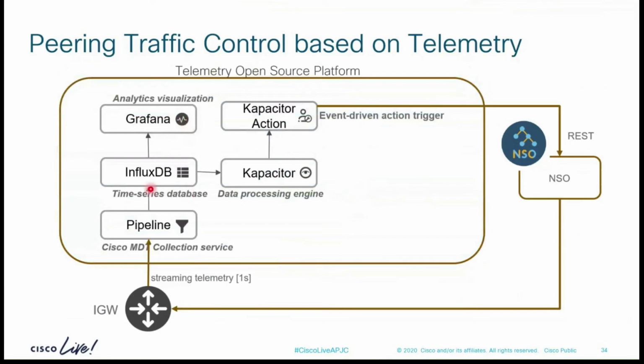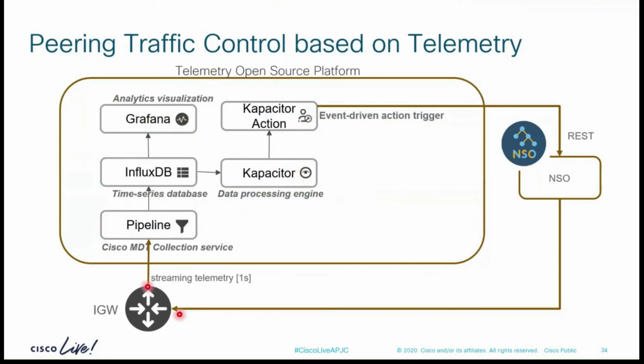It's based on open source: pipeline, InfluxDB, and Grafana with Kapacitor. This telemetry open source platform will work together with the NSO. It will trigger the input for the NSO to do the network changes on the internet gateway.